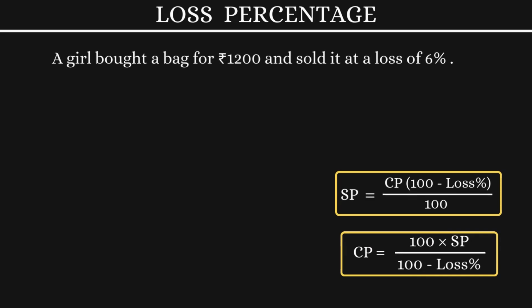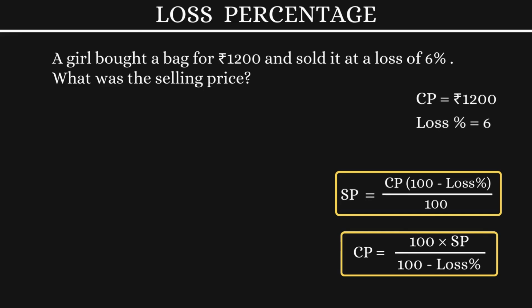A girl bought a bag for rupees 1200 and sold it at a loss of 6%. What was the selling price? First, let's write down what is given. Cost price is 1200 and the loss percentage is 6.